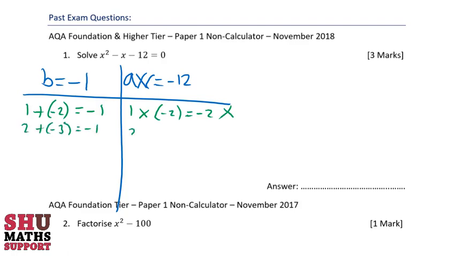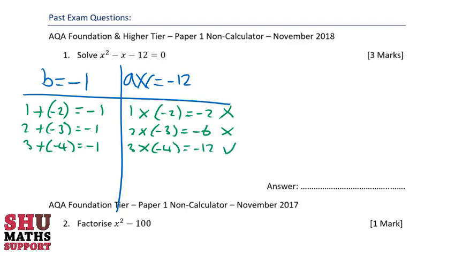And then 2 times minus 3 equals minus 6, so we don't want that one either. Let's try 3 plus minus 4 is equal to minus 1, so 3 times minus 4 is equal to minus 12, so that's the one we need. So we have x plus 3 times x minus 4 is equal to 0, which means we can say that x is equal to minus 3 or x is equal to positive 4.